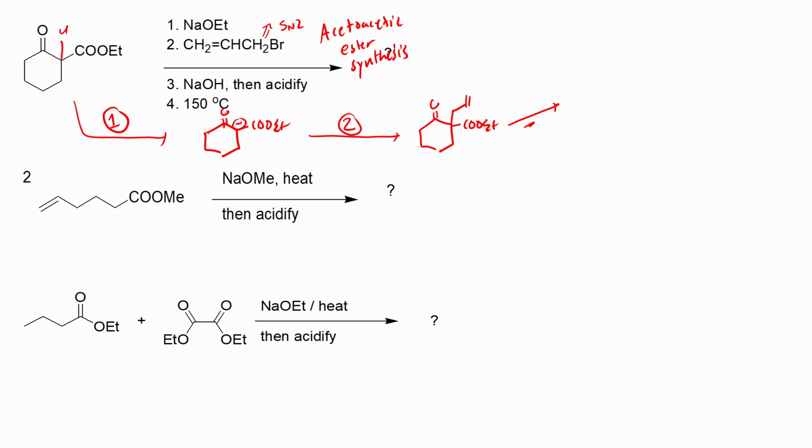Step 3 looks to be an ester hydrolysis. Okay, so we're going to hydrolyze the ester in step 3. And step 4, this being a beta oxocarboxylic acid, undergoes a decarboxylation.